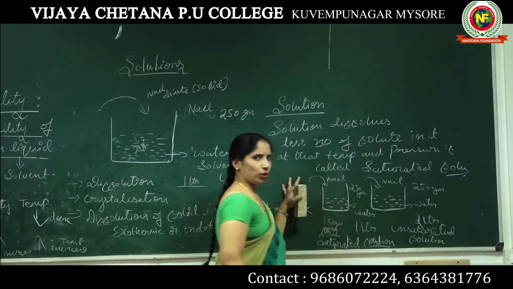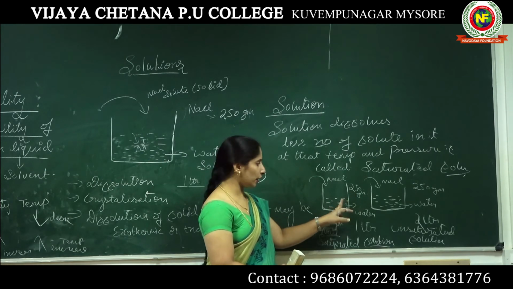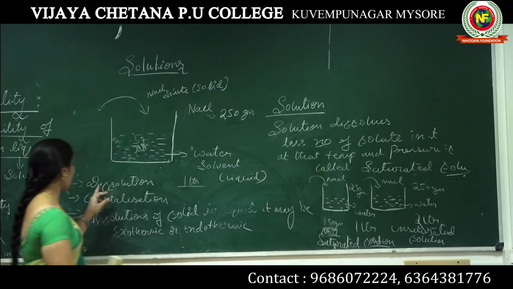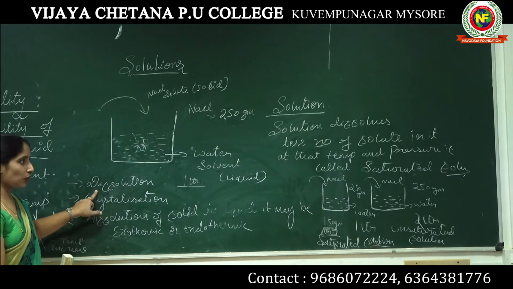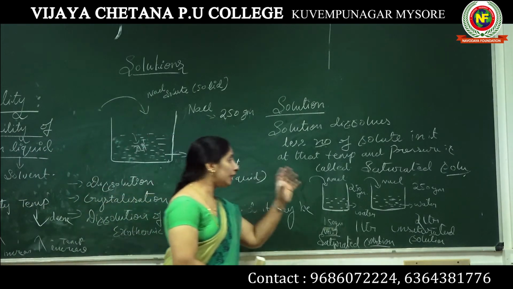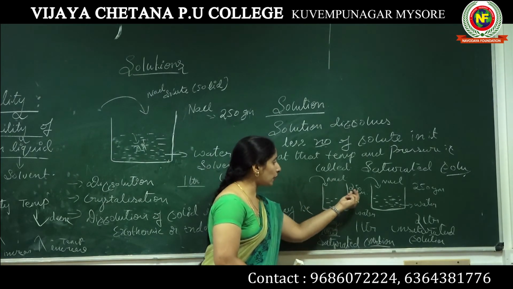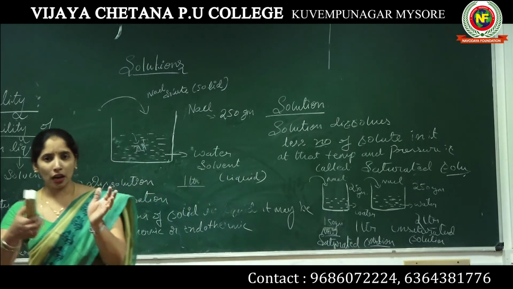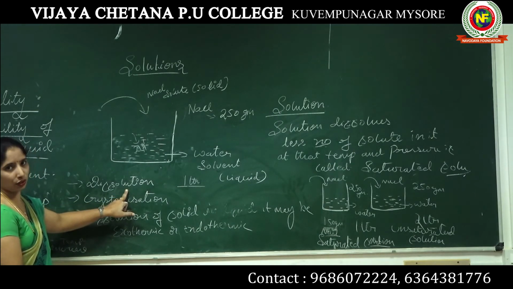Now you may have a doubt: how can we come to know that? Here I add 250 grams of NaCl to this beaker, and only 150 grams is soluble. I already explained how dissolution takes place. Only a little amount of solute dissolves.